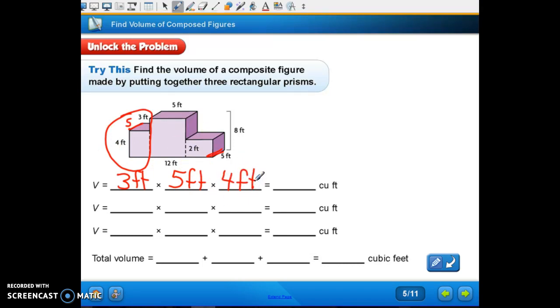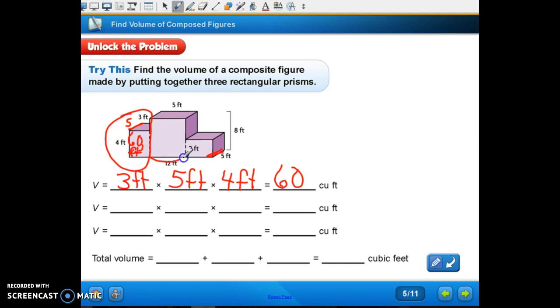So 5 times 4 is 20 times 3 is 60. So this little area here is 60 feet cubed.